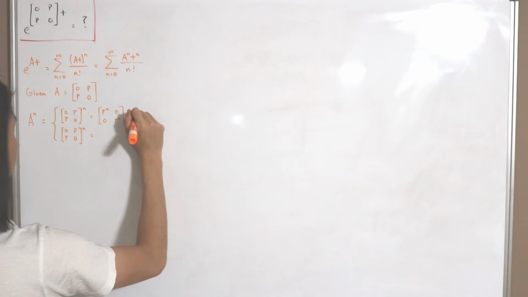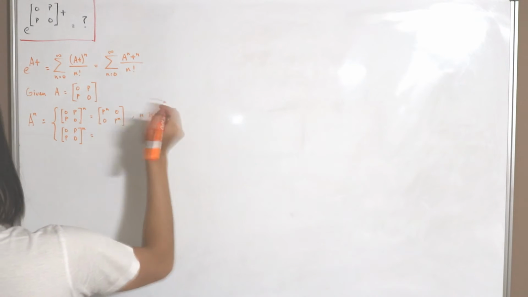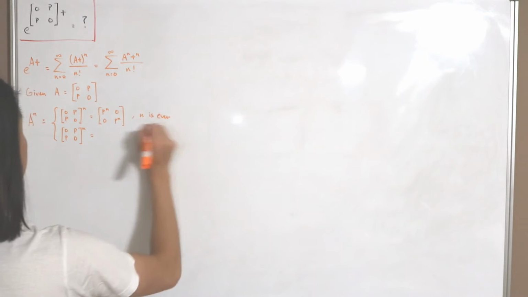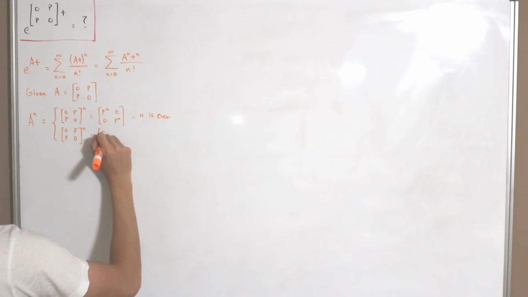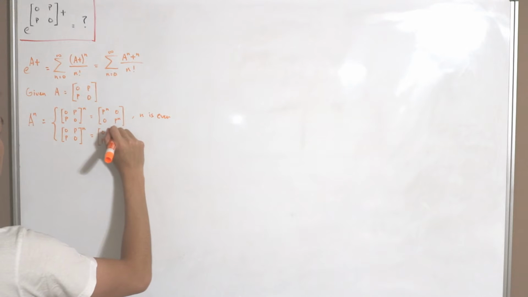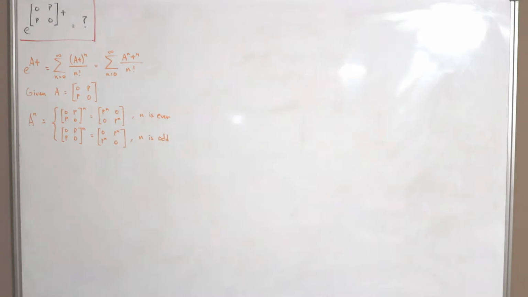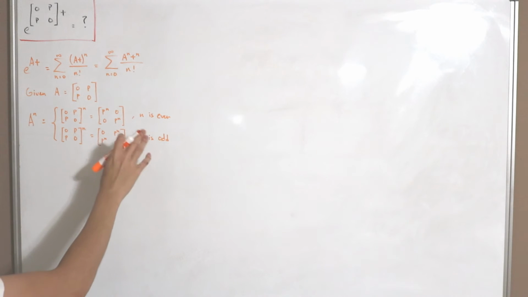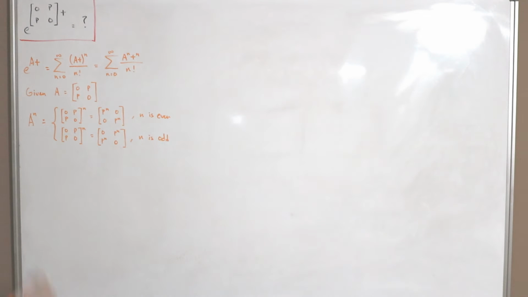And if n is odd, we have 0, p to the power n, p to the power n, 0. We have two different matrices depending on our index n.